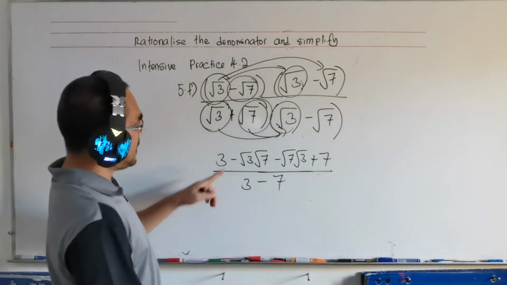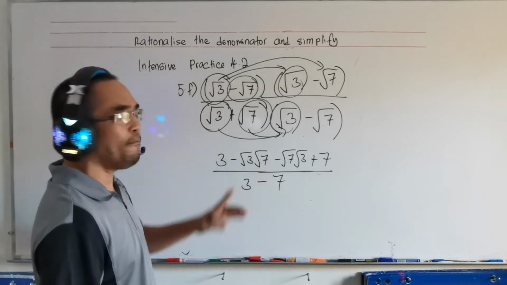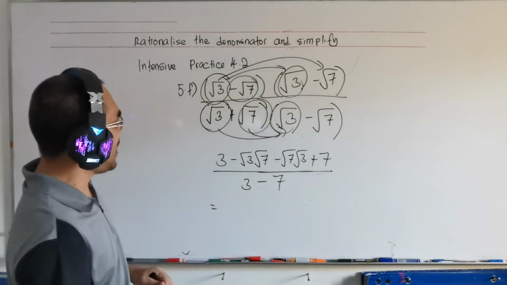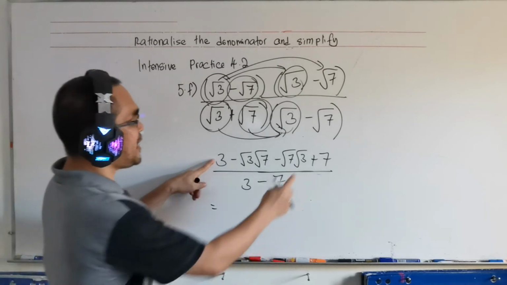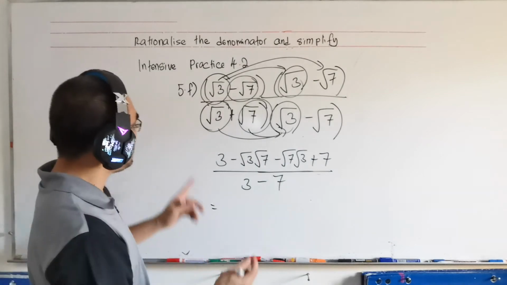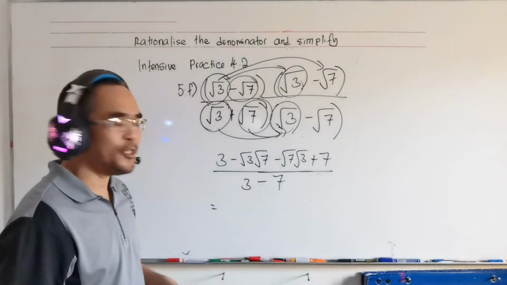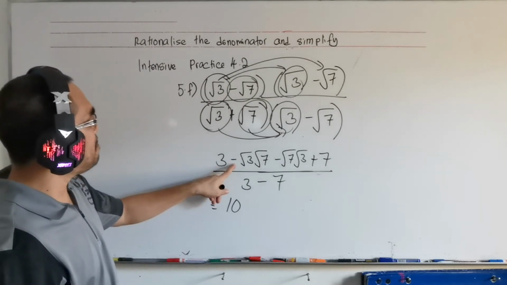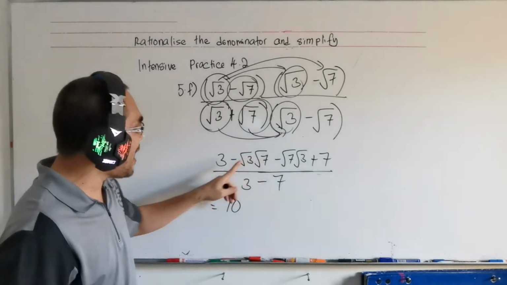Okay, so now let's simplify further. This is negative, it will not eliminate each other. So what we have here, now we have 3 and 7, 3 plus 7. Can we add that? Yes, because they are both numbers without square roots. So it becomes 10. And then minus 1, because they have the same.